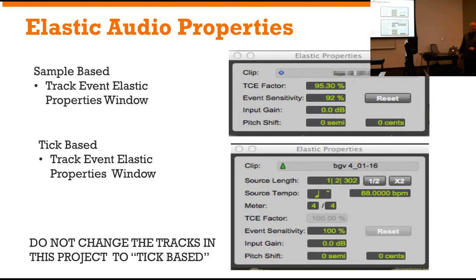It tells you the source length that you can change, and it also lets you see the tempo. You can change this tempo by typing. So if you put a drum loop in from a loop library, and the library says it's 93, pull it in, tell Pro Tools it's 93, and it will play it in time for your session automatically. Makes it really easy.